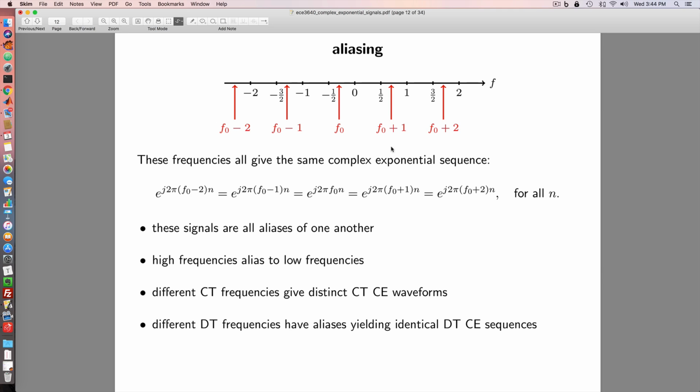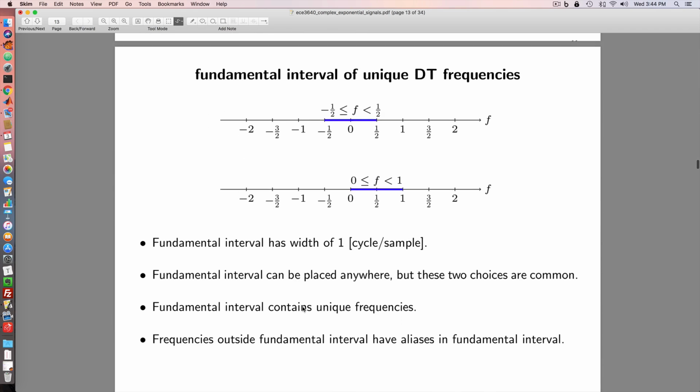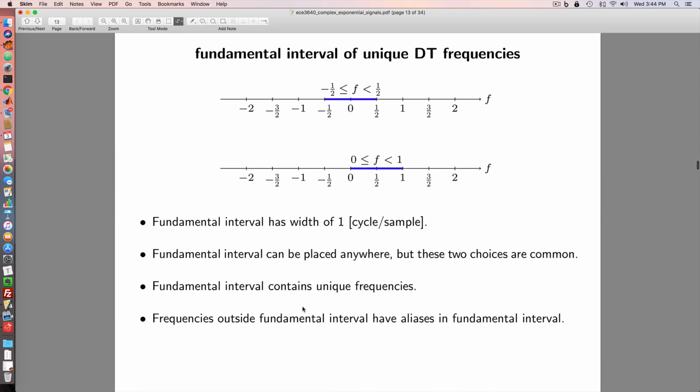The other thing that's interesting here is that you can go up to higher and higher frequencies, and these higher frequencies are aliased, or they're equivalent to lower frequencies. Everything aliases back to lower frequencies. Because of this property for discrete time signals, we define what's called a fundamental interval.